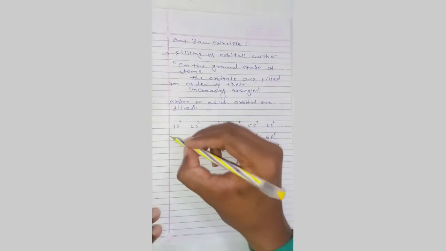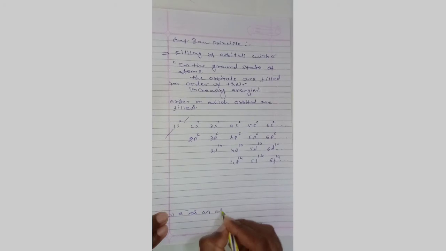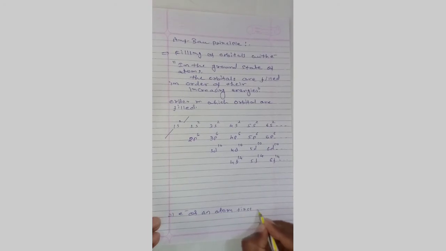Here now let's see, this principle is, in another word, electrons of an atom first enter into empty orbital of lowest energy.